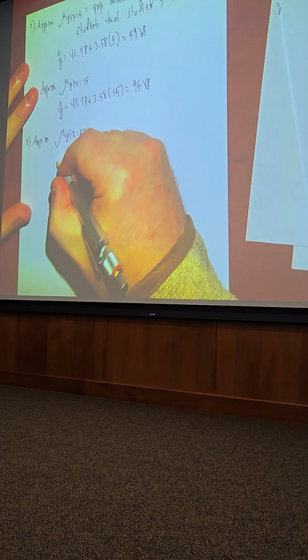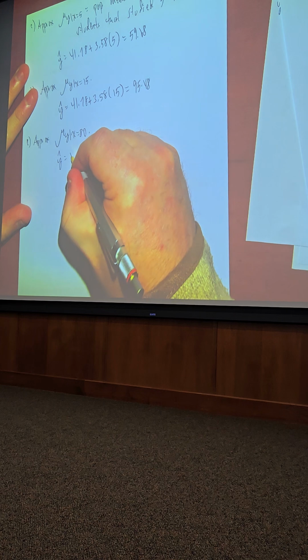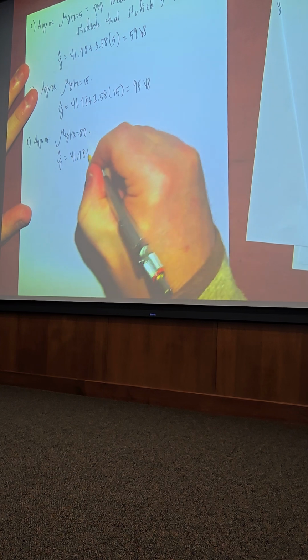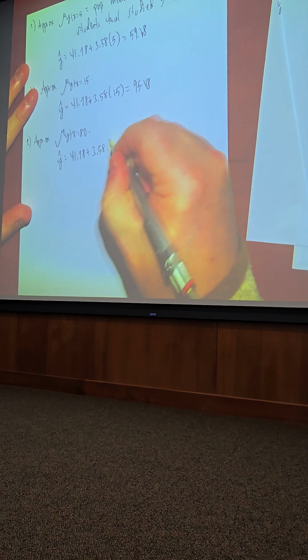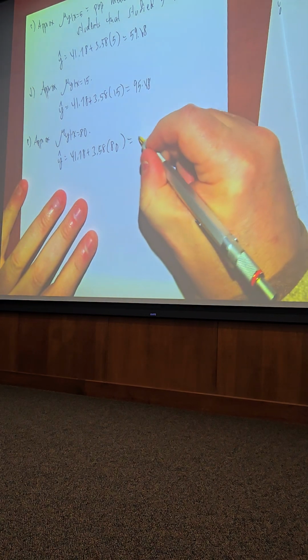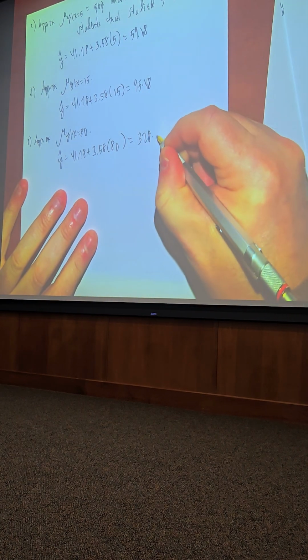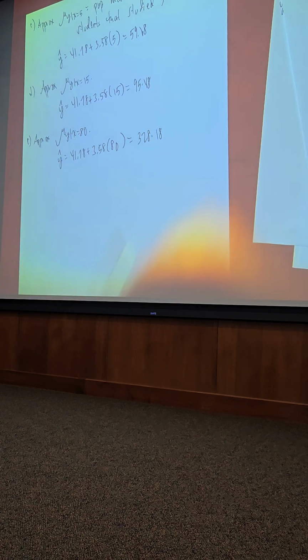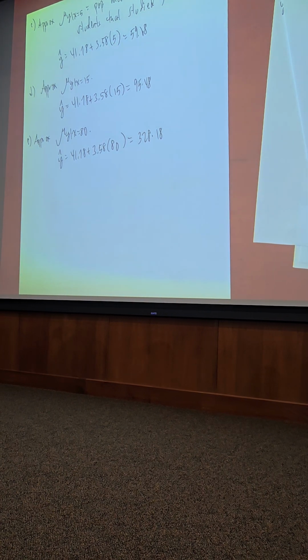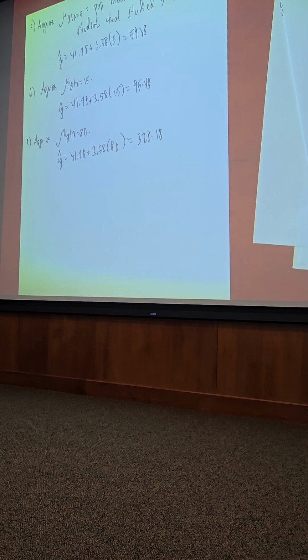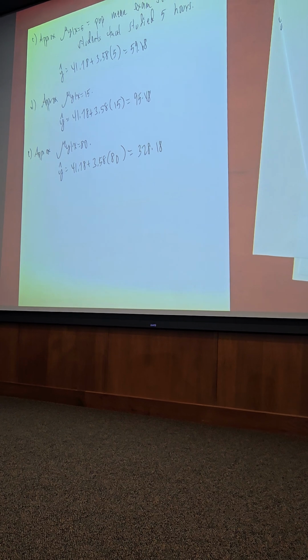No problem. So let's do the same thing. Take y hat is 41.78 plus 3.58 times 80. And what this gives you is 328.18. The high exam score is 100%. The wheels just fell off our little party here.